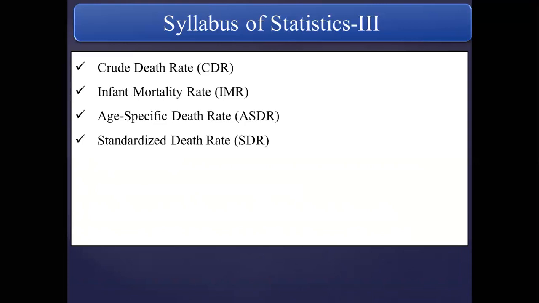Death means the people who have already died. And what is the meaning of crude death rate? Crude death rate is the ratio of the total number of deaths to the total population per thousand. That means out of 1,000 people, how many people have died? That ratio is known as crude death rate.